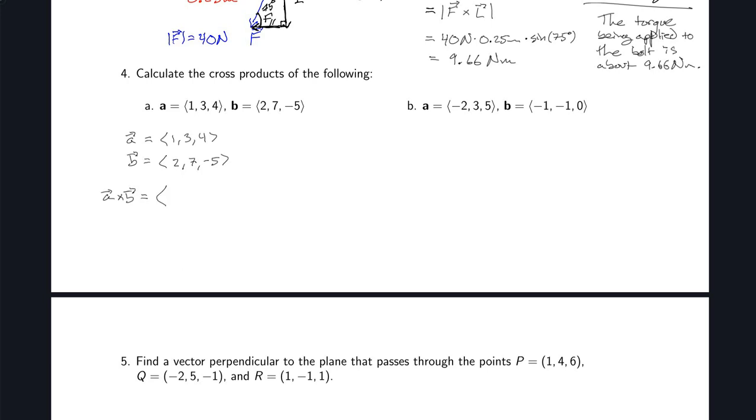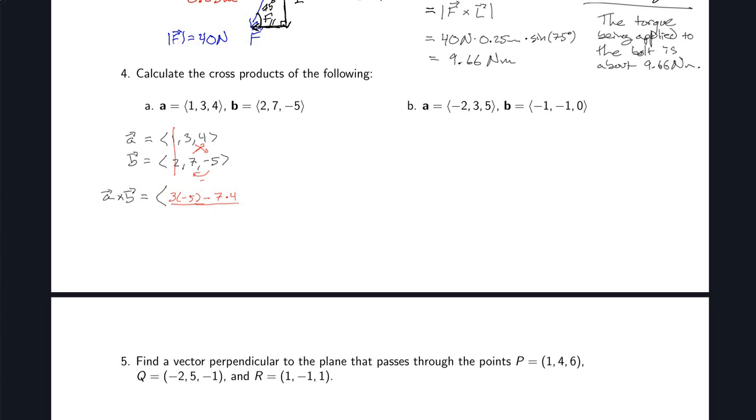For the first component, I'm going to ignore the first column and do a little x subtraction here. So this is 3 times negative 5 minus 7 times 4 for that first component.